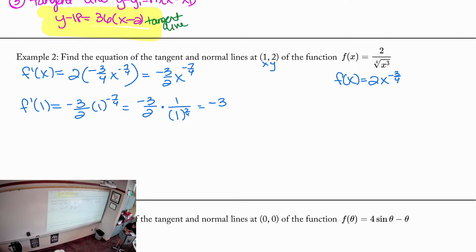So it's negative 3 over 2, 1 to the 7/4. Because it's in the 7/4, it's in the bottom. When you do these, don't get weird on me. Take the 4th root of 1 and then take it to the 7th power. If it was 2, don't go 2 to the 7th power and then have to break it down.